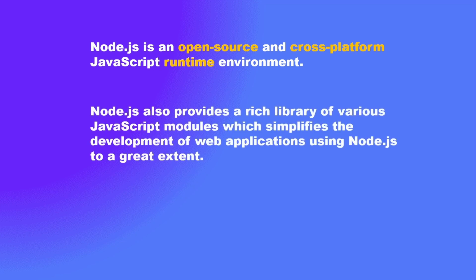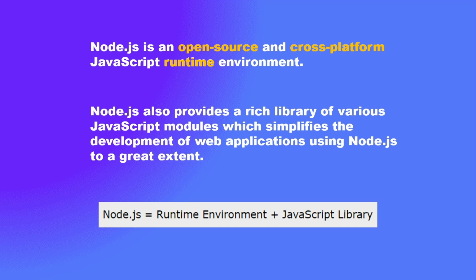Node.js also provides a rich library of various JavaScript modules, which simplifies the development of web applications using Node.js to a great extent. Simply, Node.js is equal to runtime environment and JavaScript library.